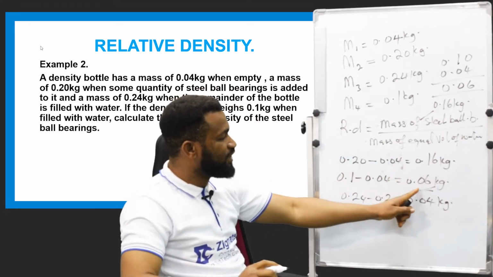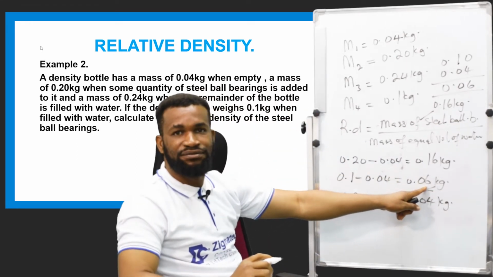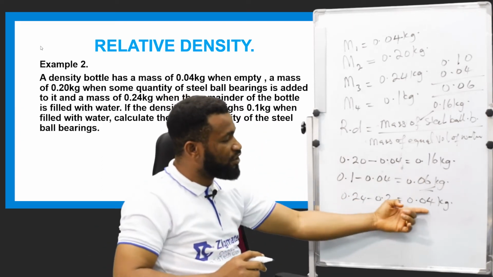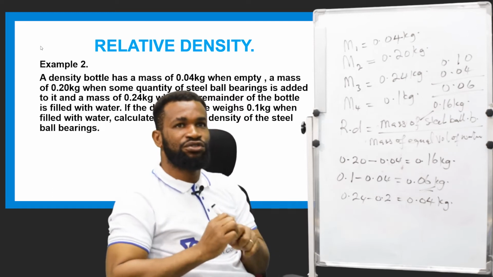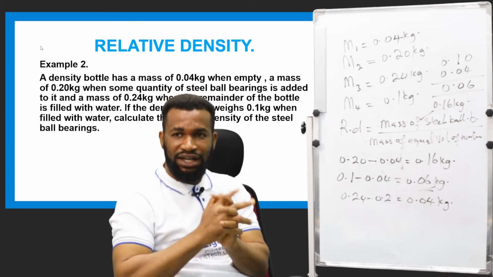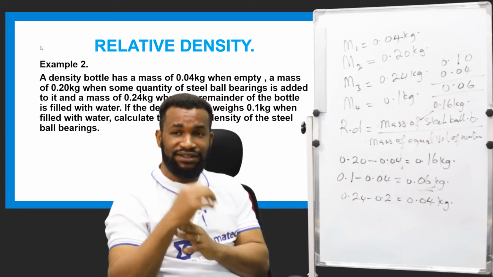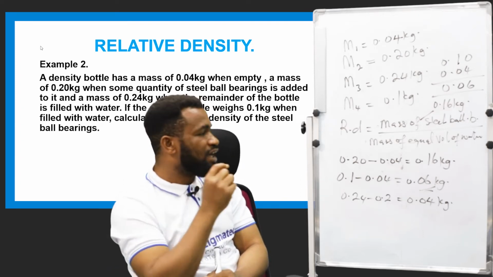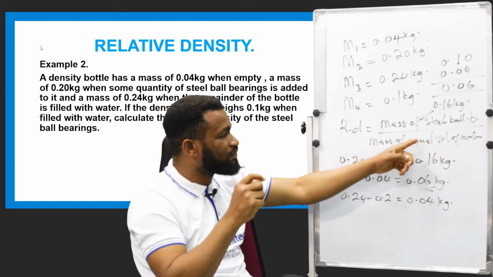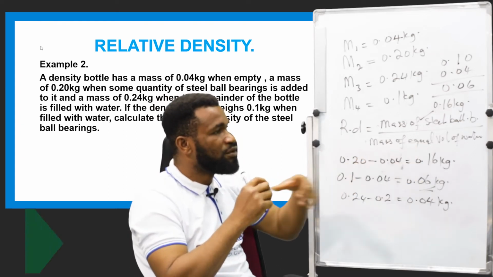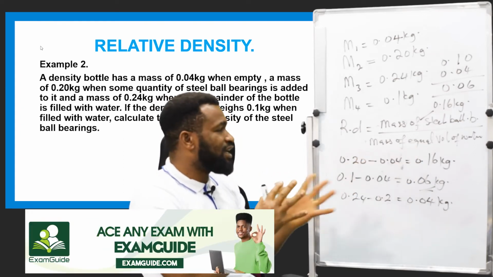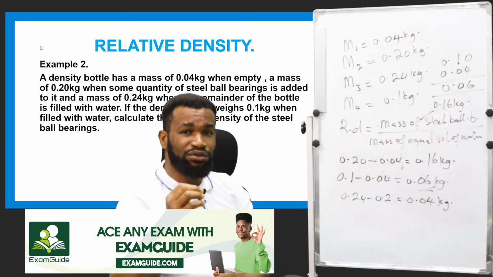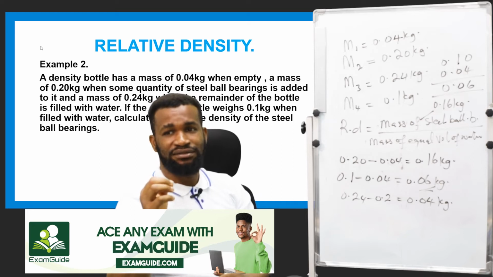Then this is the quantity of water which filled the whole container. Then this is the quantity of water which was used to fill the container when some ball bearings were inside it. Then there is another mass we need, and that mass is going to be the mass of the volume of water displaced, which is equal to the mass of the ball bearing.